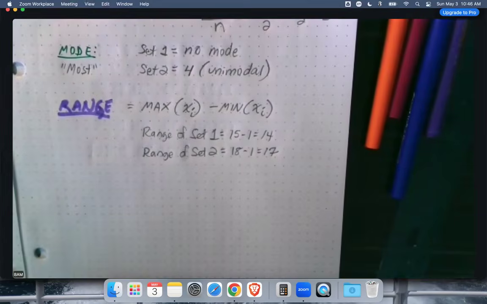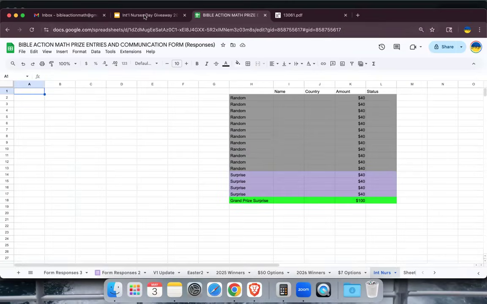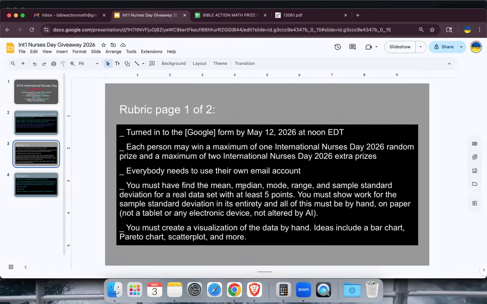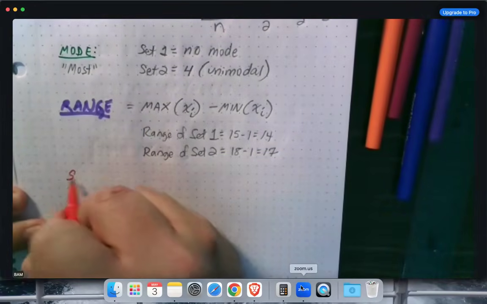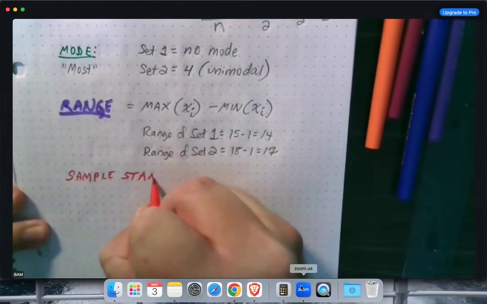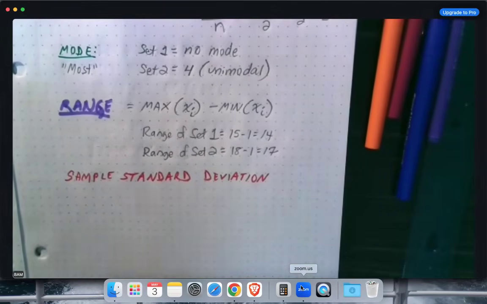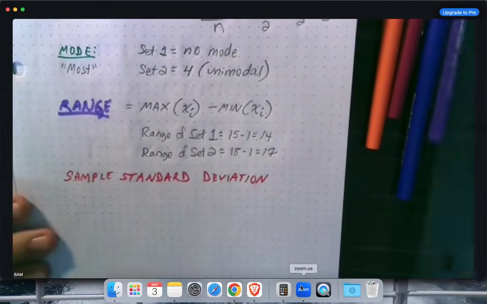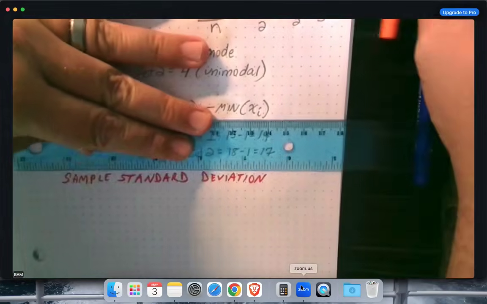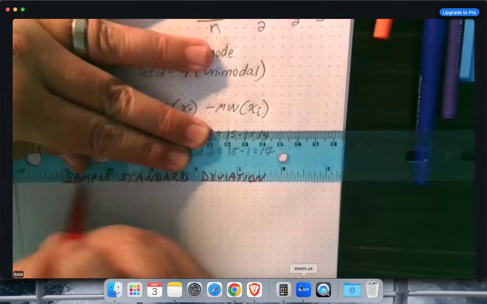And that takes us to the hardest part, which is the sample standard deviation. So remember I was talking about the difference between a population and a sample. Specifically, we want a sample standard deviation right now, not a population one. And the formula is different.